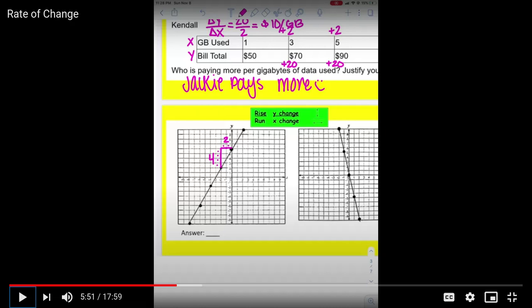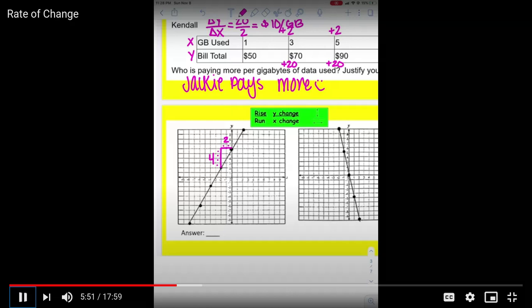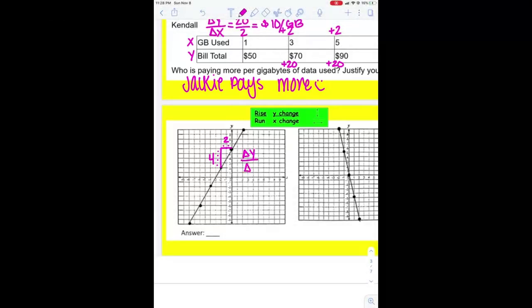So I'm going to take my change in y, or my rise, and put it over my change in x, or my run. So I'm going to put 4 over 2 to represent my change in y over my change in x. And that is going to tell me that 2 is my rate of change.